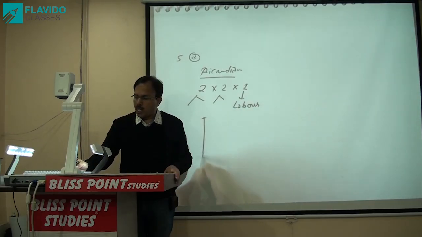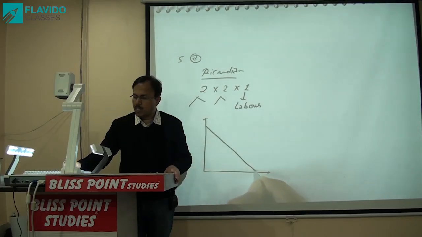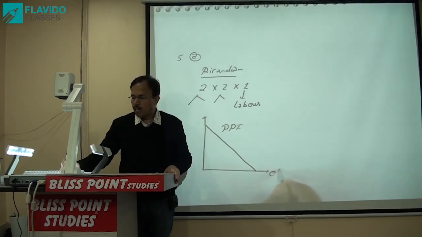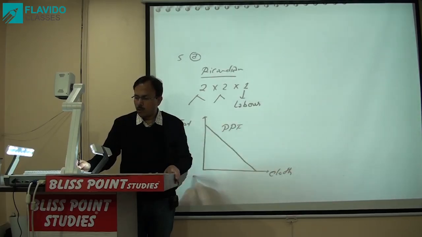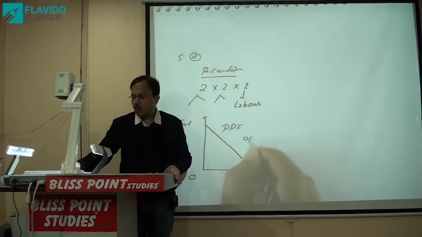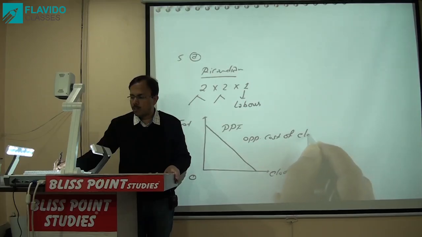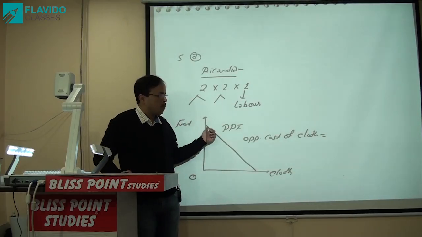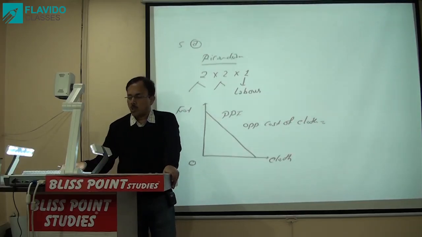And in the Ricardian model you have a production possibility frontier, which is a straight line, PPF, and on the axes you plot cloth and food. And how to calculate opportunity cost? Opportunity cost of cloth is nothing but the slope of this line.